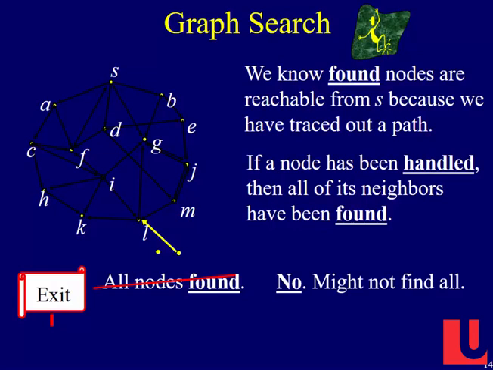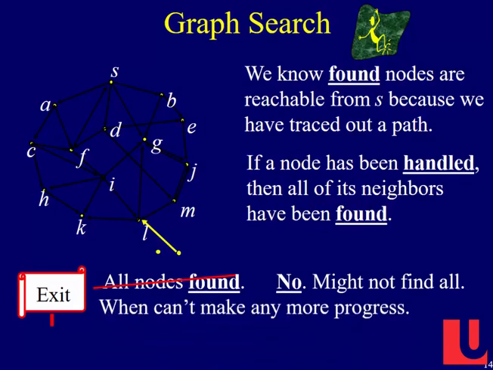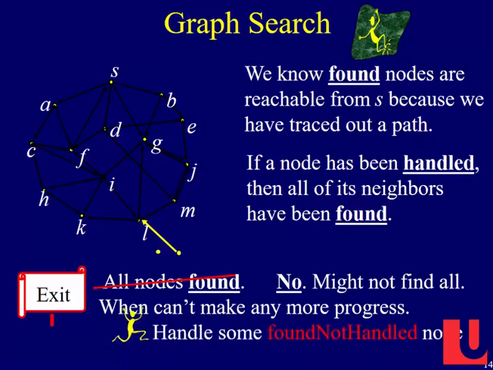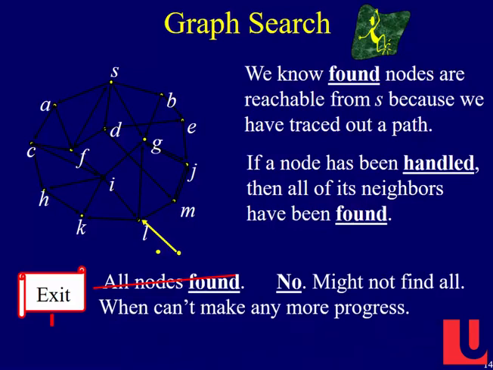And we want our exit condition to relate also to our measure of progress, right? So you can't make any more progress. So actually, we don't know. That's one of our problems, is we don't know when we find everybody, or if we can find everybody. Can we find everybody that's findable? We don't know that.